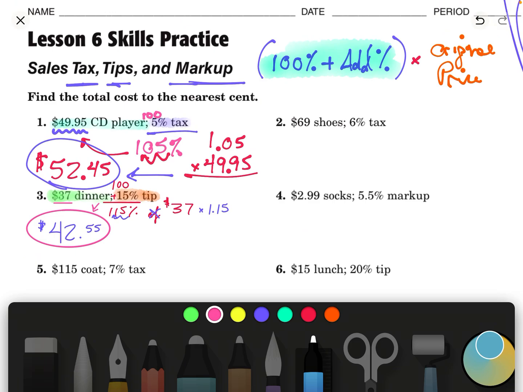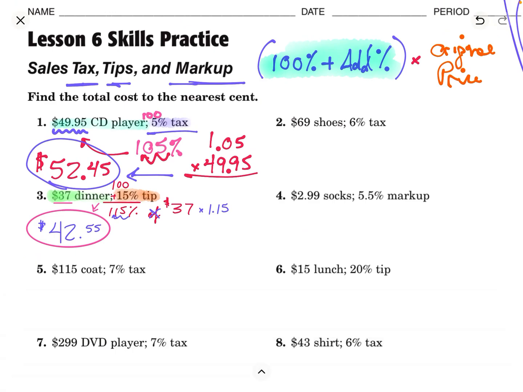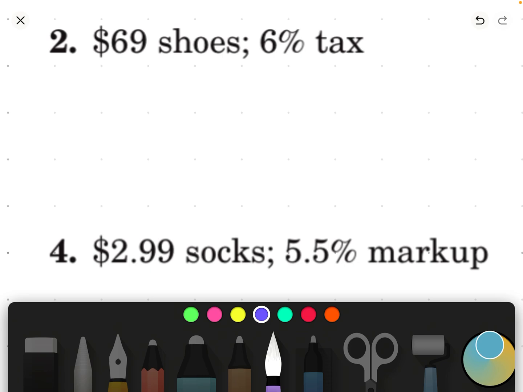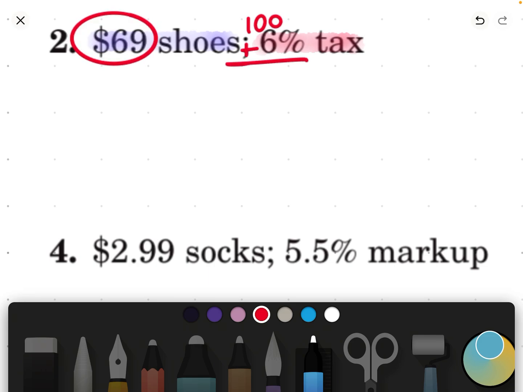All right. Let's see if we got any others. Let's try these two. All right, so looking at this, $69 shoes. We have a 6% tax. So we add that 6% to the 100%. 100% just means the whole price of the shoes. So again, that's not the only way to solve this problem.